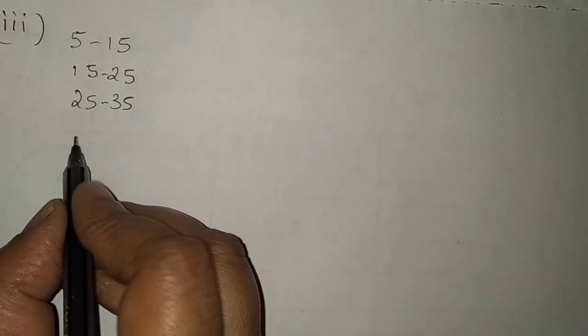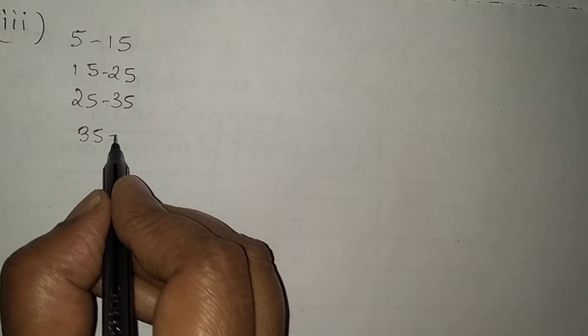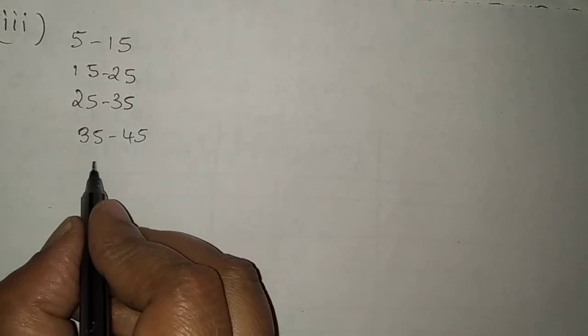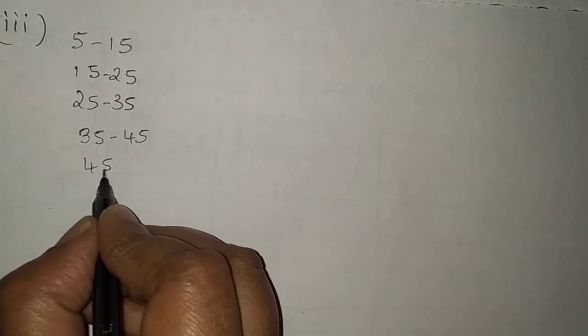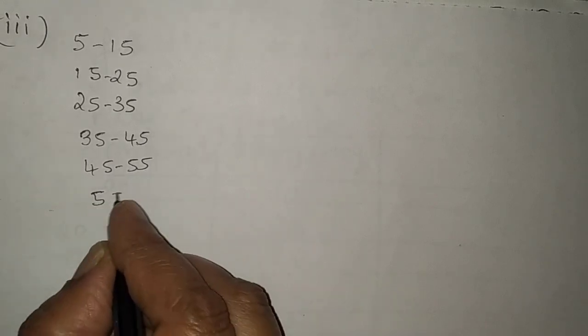Just briefly I'll write 5 to 15, 15 to 25, 25 to 35, then 35 to 45, then 45 to 55, then 55 to 65.